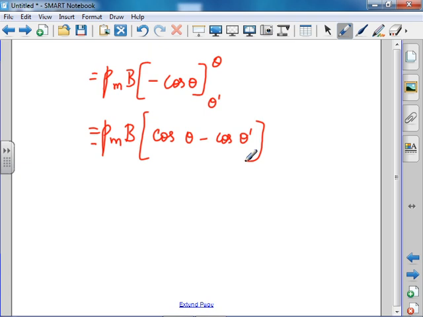So this work done is stored as a potential energy in order to rotate the magnet. When the magnet moves from theta dash to theta, whatever work we do is saved as potential energy.